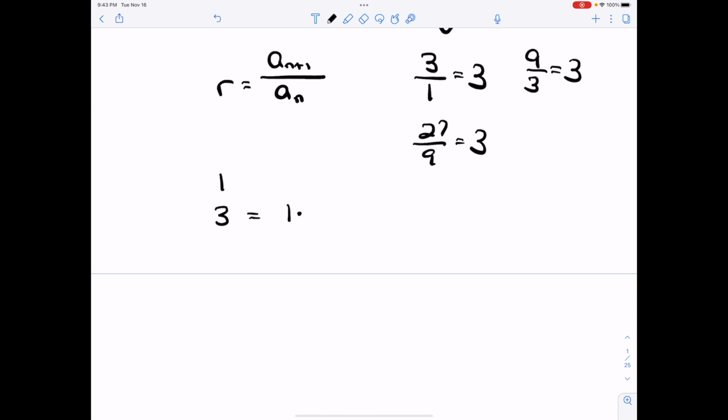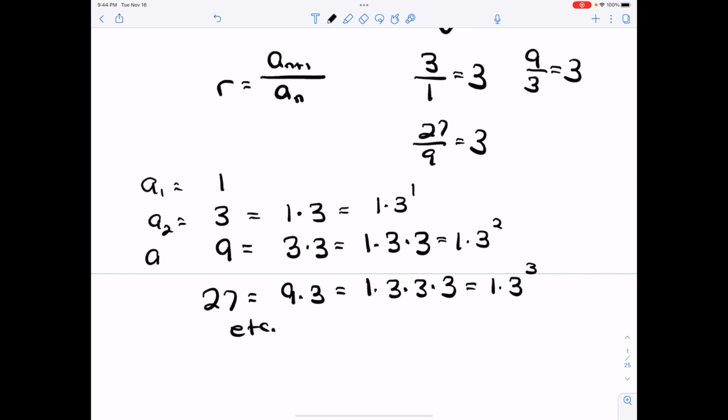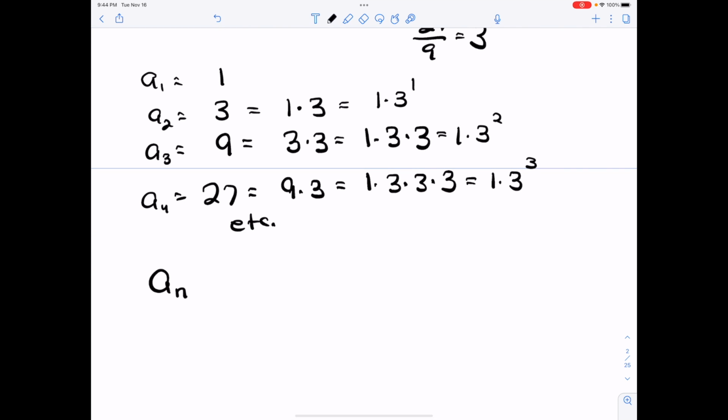Then 3 is 1 times 3. 9 is 3 times 3, which is the same thing as 1 times 3 times 3. 27 is 9 times 3, which is the same thing as 1 times 3 times 3 times 3, etc. So if you look at the way that's going, look at that common ratio and see how many times you're multiplying by it, you could come up with a statement for a sub n.